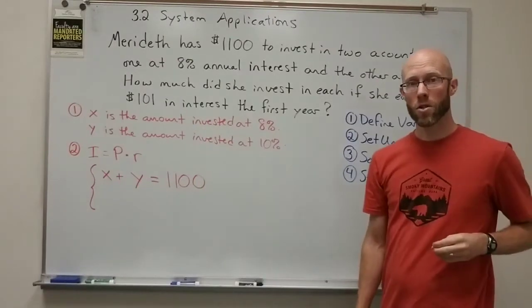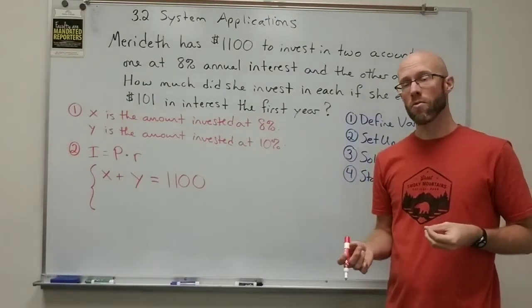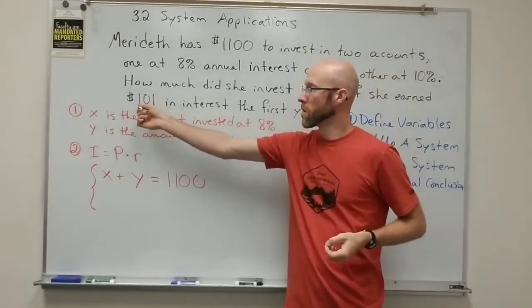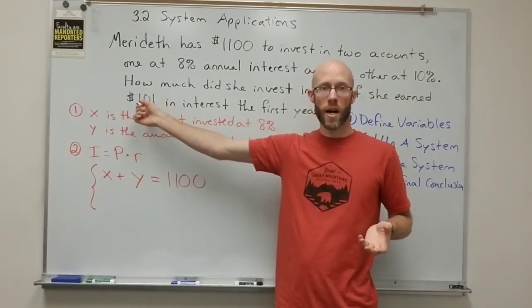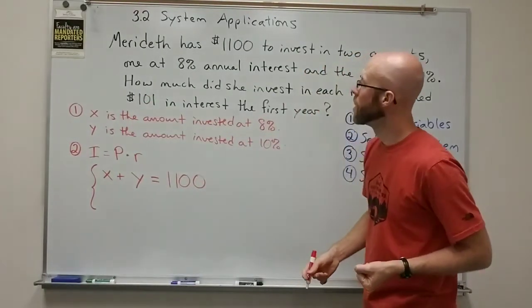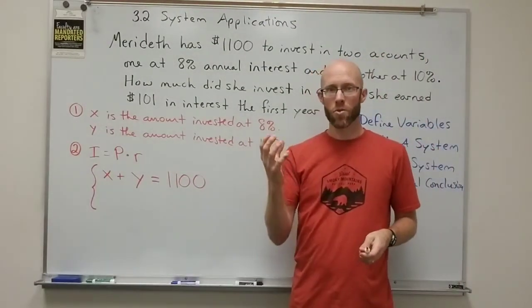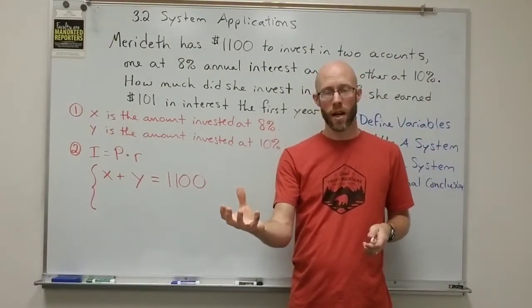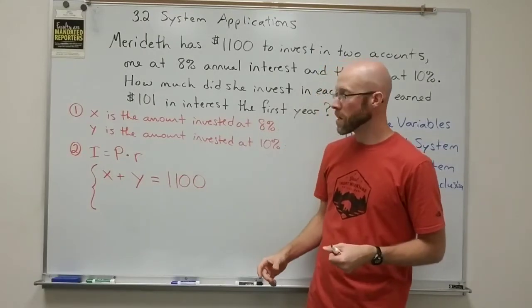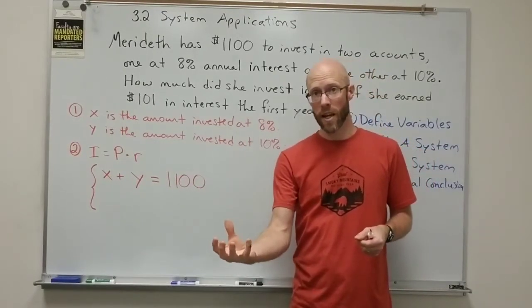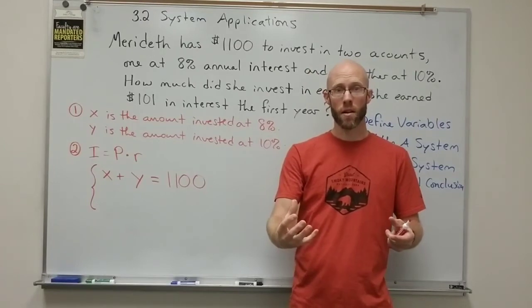The second equation deals with the interest itself. I know that Meredith earned a total of $101 in interest. And so the amount she earned in interest from the 8% account is going to be the amount she invested in that account times the 8%, right?